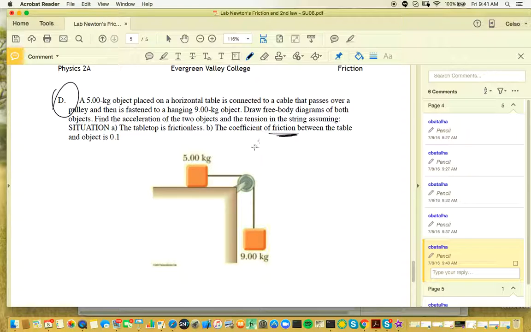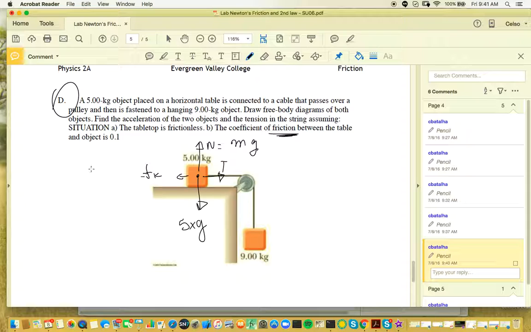So if there is friction, if there is acceleration, you must build the free body diagram on both situations. So you have a block. The forces are the weight, the normal force. In this case, the normal force is equal to the weight. You also have a tension force, and you have a kinetic friction force.